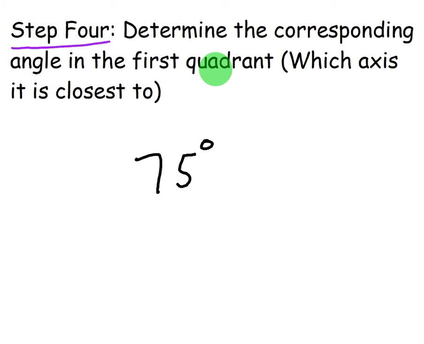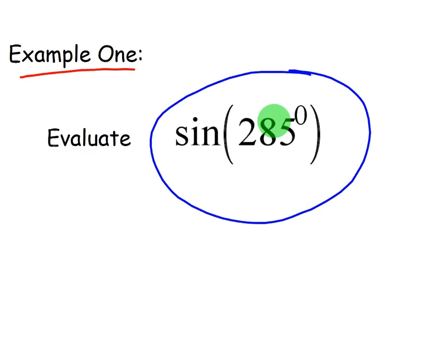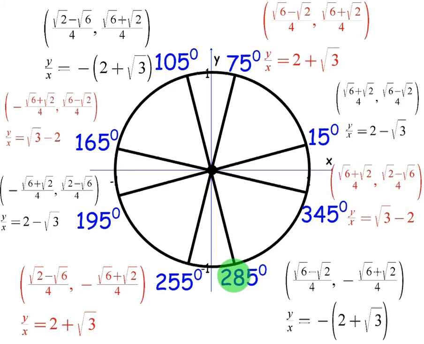Now again, the way to answer that question is to look at which axis it is closest to. So if we look at our angle, and again we're trying to figure out 285, it's closest to the y-axis. So if we go to the first quadrant, which one of these angles is closest to the y-axis? It's this one. Therefore, this is the angle that's going to correspond to this angle.